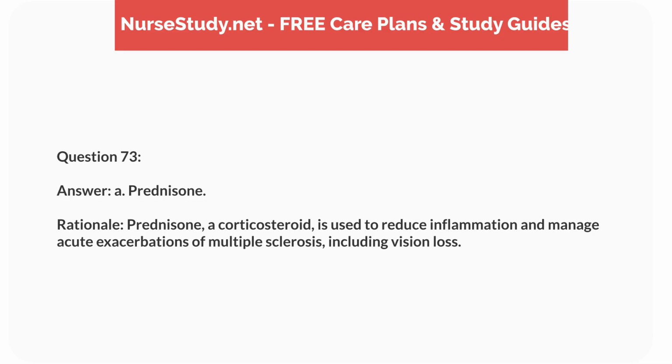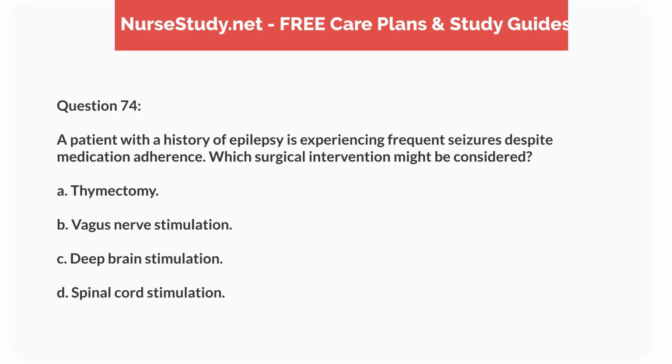Answer: A. Prednisone. Rationale: prednisone, a corticosteroid, is used to reduce inflammation and manage acute exacerbations of multiple sclerosis, including vision loss.